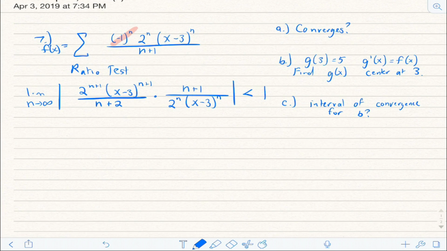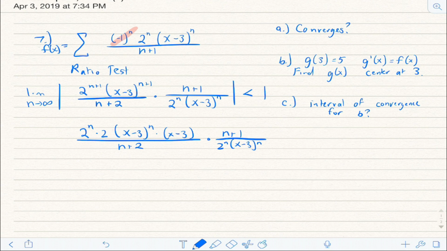Now to figure this out, I'm going to do a whole bunch of cancellations. I normally don't write this all out, but since I have the time, I'm going to write this as 2 to the n times 2, parentheses, x minus 3 to the n times x minus 3, over n plus 2, times n plus 1 up top over 2 to the n, parentheses, x minus 3 to the n power.